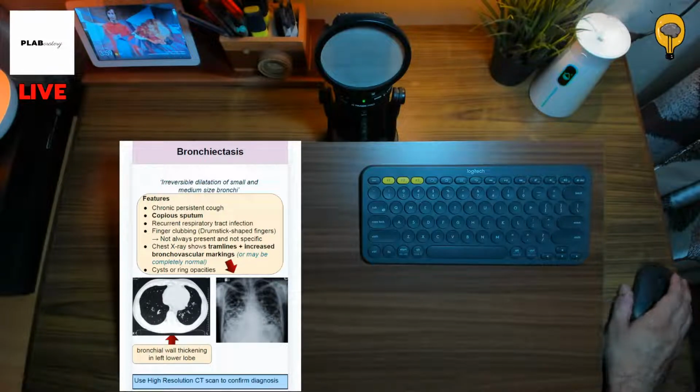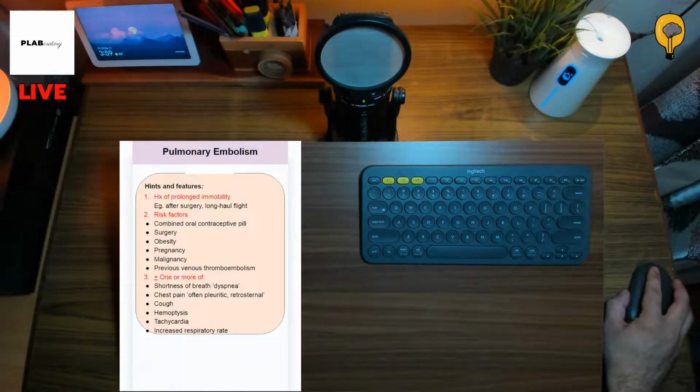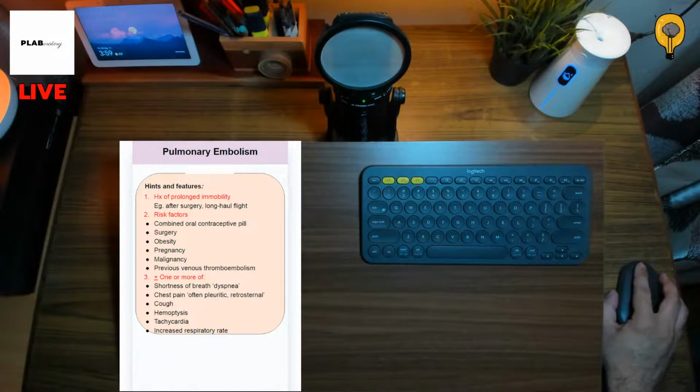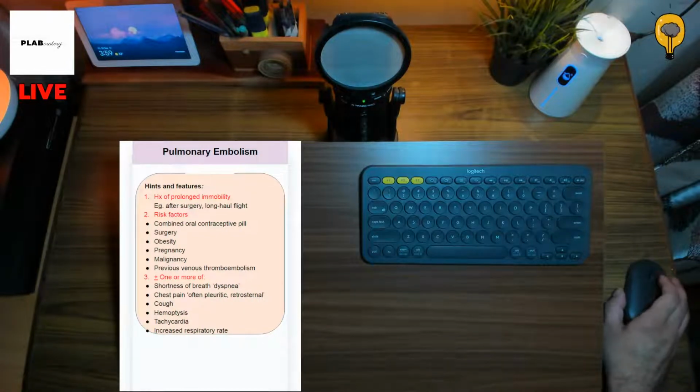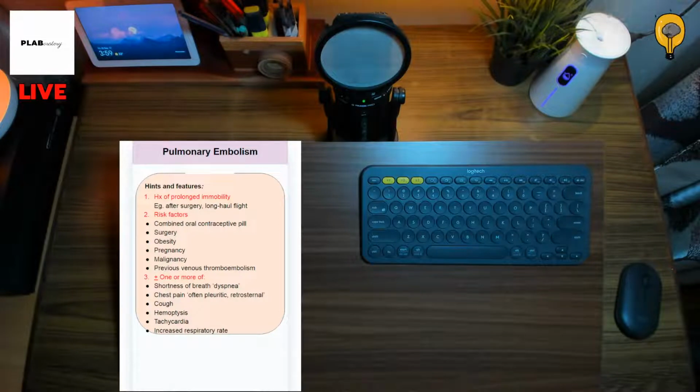Let's see if we have a chart on this. So, pulmonary embolism, first, the risk factors in order of importance.